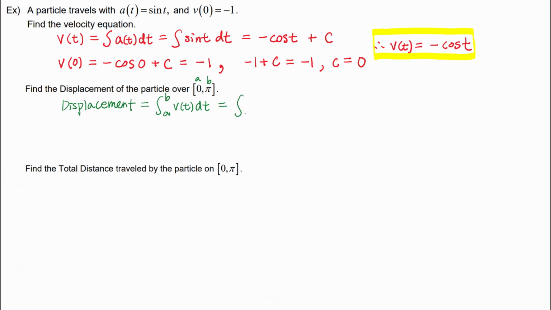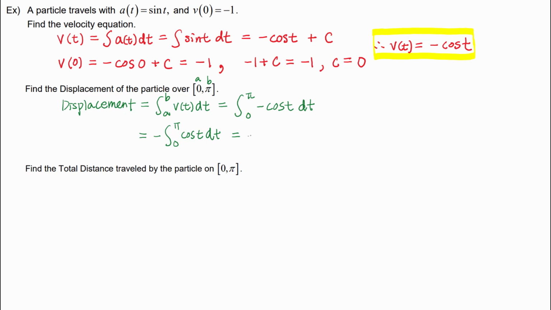So let's go ahead and evaluate. 0 to pi, v sub t is negative cosine t dt. Since -1 is a constant multiple, we can pull that out, which is equal to negative integral from 0 to pi of cosine of t dt, and the integral of cosine is sine.